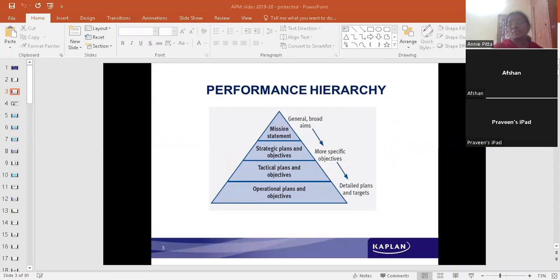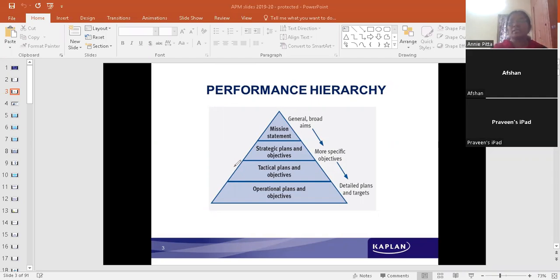Like I just mentioned, the mission talks about the reason, the purpose why it is existing. In an organization, there are 3 levels of management in the hierarchy. The first is the strategic level, the second is the middle level or tactical level, the third is the operational level.